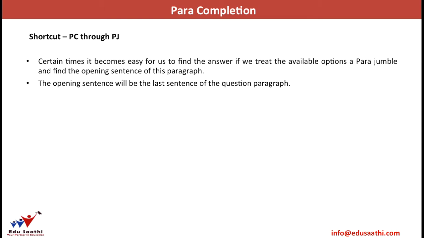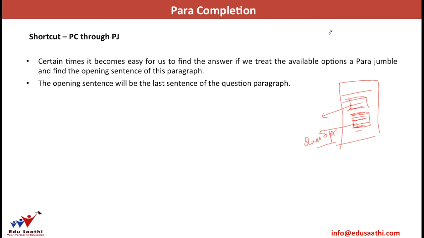What happens is that the question setter, because he has access to the entire thing from which he's deriving one paragraph, just confuses you. He gives you four lines of the next paragraph as the question options, because that will reduce his burden of framing the question.